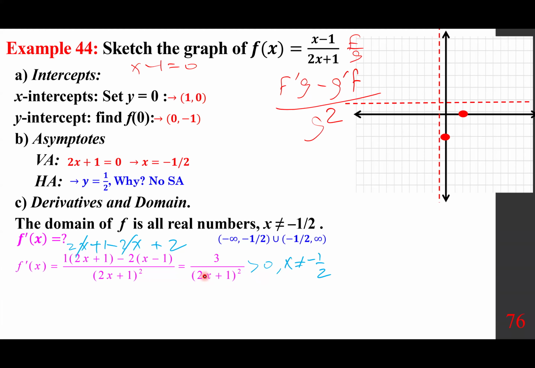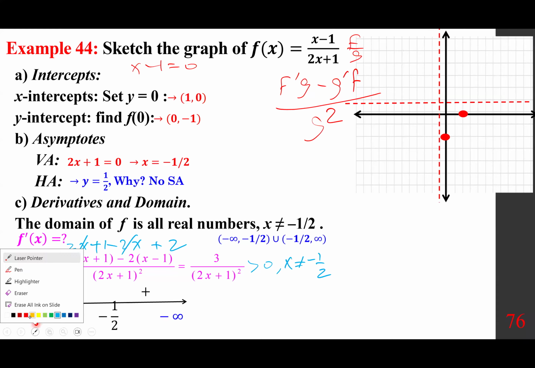However, just to remind you of the first derivative test, if you put x going from negative to positive infinity, this is positive, everybody. And at negative 1/2, f prime is undefined.